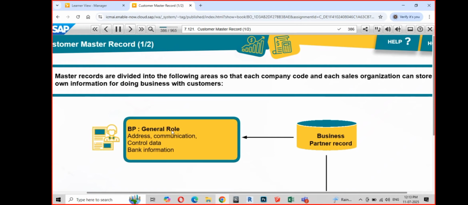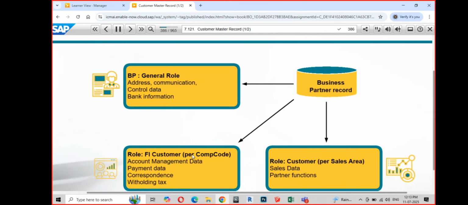The general information, FI related customer code specific information, and as per the sales organizational information. Typically, this block of data is your SD responsibility, of the sales and distribution module. Clear?